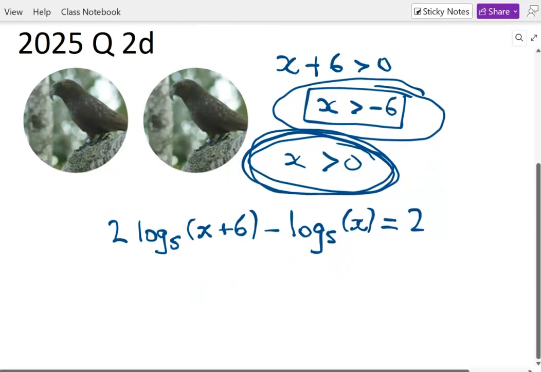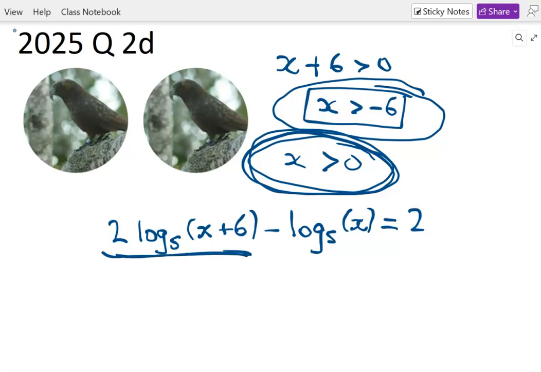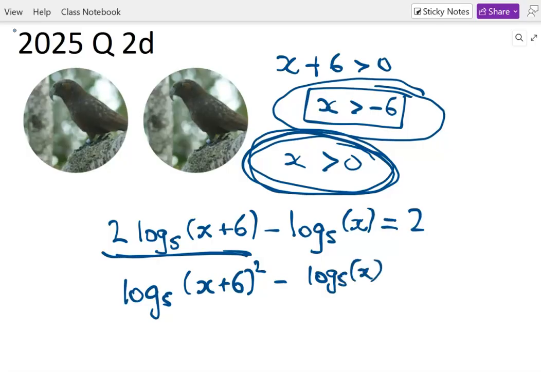I've moved this 2 to the right hand side by adding it to both sides, and now I'm going to simplify this one first. It's fine if you went faster than this in combined steps, but I'm just going to do one thing at a time. So we've cleaned this up.